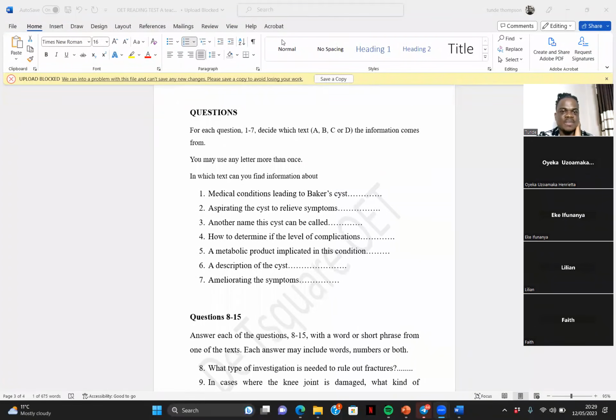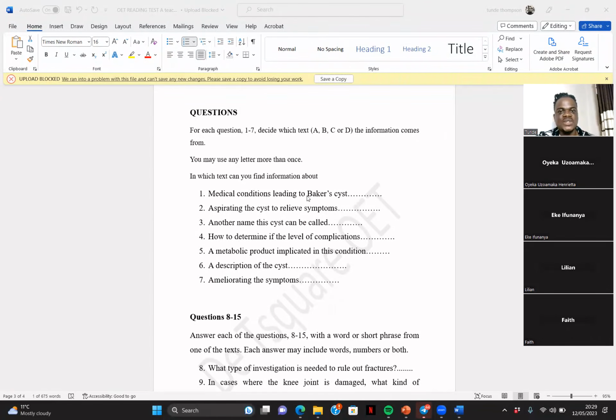Someone said B, Sunday said B, Charity said A. Mary said B, Lillian said B. Charity, why do you think it is A?